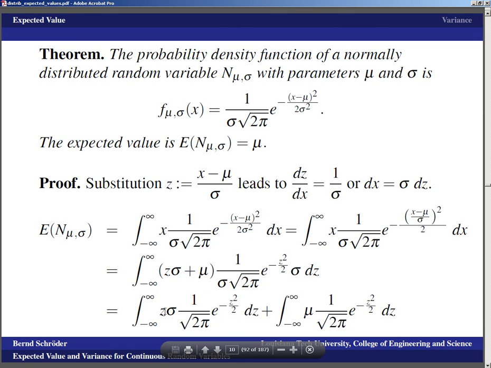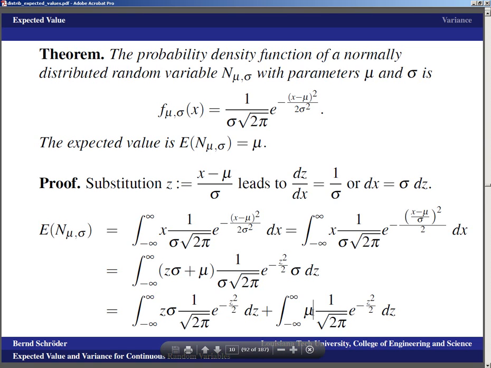But let's take a look at the first integral, and we realize that this density is an even function, and multiplying by z makes it an odd function, and if you integrate an odd function over a symmetric interval, whether the interval is finite or infinite, you get 0. So this guy here is 0, which is great.